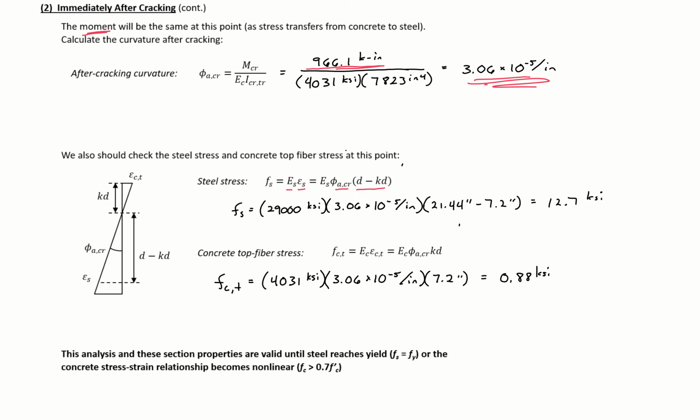And our analysis here is going to be valid until either our steel reaches yield or our concrete stress in the top fiber reaches 0.7 f'c. This is when our material properties are going to result in our section behavior going nonlinear. But here we're below these values, so our analysis is okay.